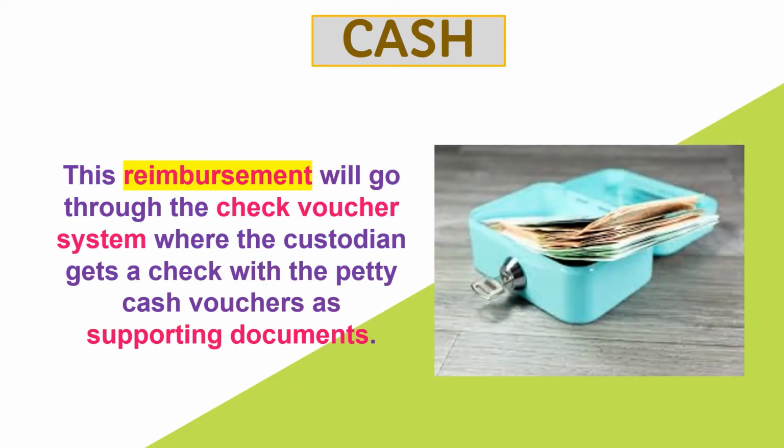This reimbursement will go through the check voucher system, where the custodian gets a check with the petty cash vouchers as supporting documents. So, kailangan po, para ma-replenish nyo o ma-reimburse nyo yung ginastos nyo, kailangan po ng supporting documents.